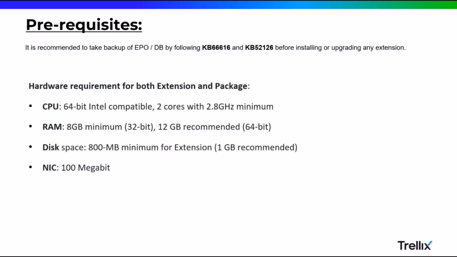Free hard disk space for this extension requires 800 MB space, but 1 GB will be recommended for smooth checking in. And overall, 20 GB is recommended for both client package and extension checking. Network interface card, NIC, is required with 100 megabyte speed.